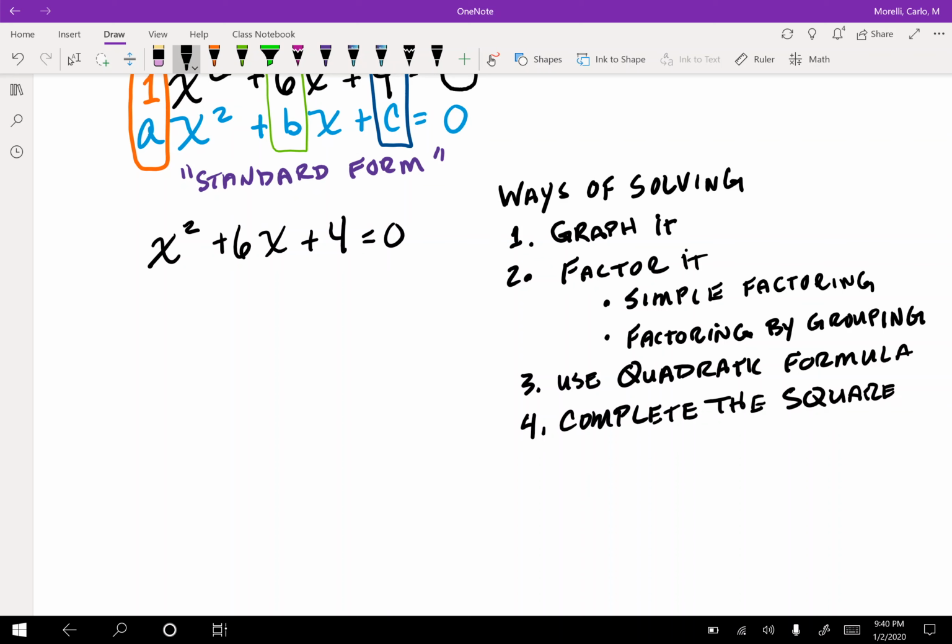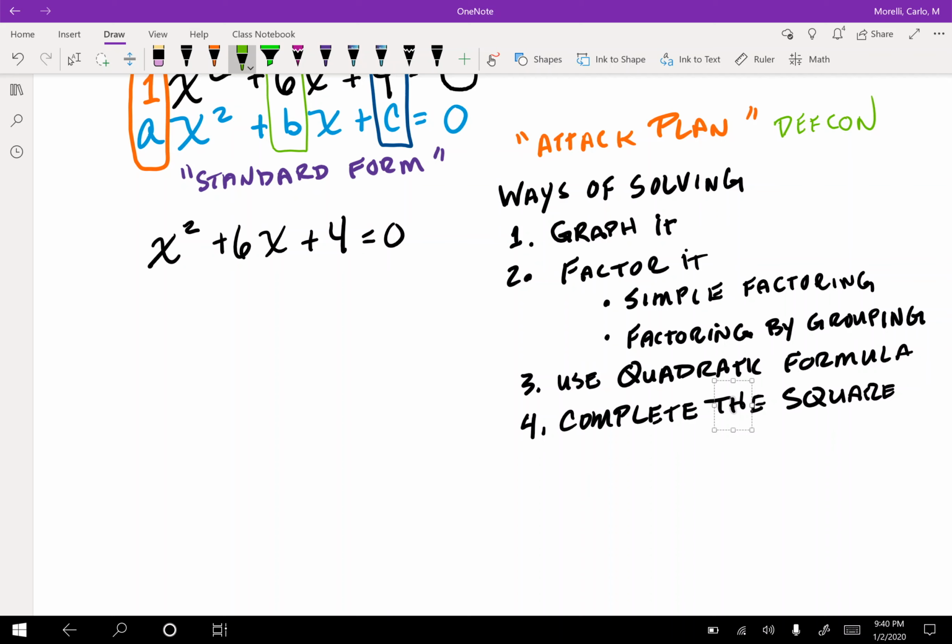So this is what I like to think of as the attack plan. Have you ever heard of DEFCON? Defense condition? Okay, so these are like the different levels of DEFCON.